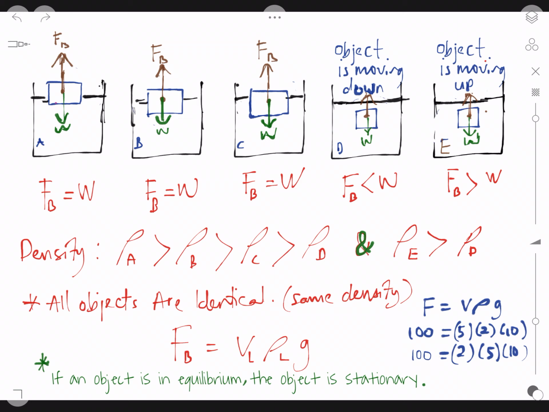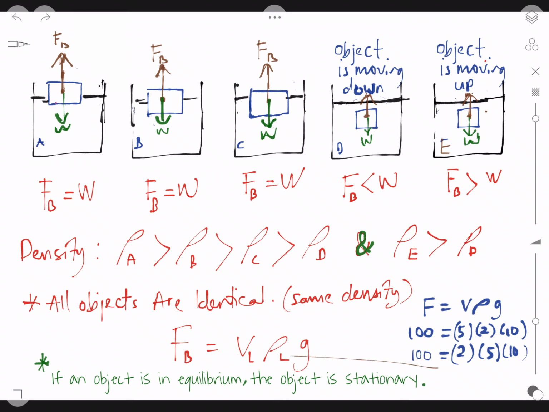You should be able to differentiate the situations here, because I found that most students think that when you can see more of the part above the water surface, buoyant force is greater than weight. That is not correct.